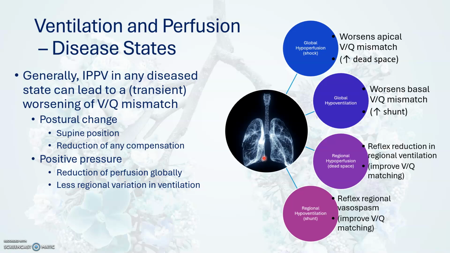Whereas in the patient who had poor ventilation of some parts of the lung, those parts would have reflexly shut down the perfusion. When we start ventilating those parts of the lung, initially they will not be properly perfused until the body has a chance to adjust. This is why when we ventilate patients with ventilation perfusion mismatch, often their oxygenation gets worse, because the VQ mismatch gets worse transiently until the body can adjust again.